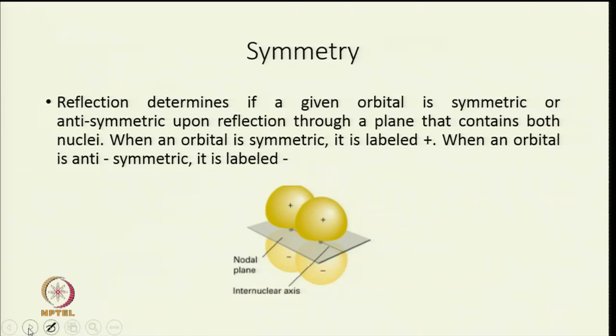So, you can see this is your overlap, which is sideways overlap between two p orbitals, and if you take a nodal plane containing both nuclei, what you are seeing is plus here and minus here, and so it is anti-symmetric with respect to reflection, and in that case you label it as negative.